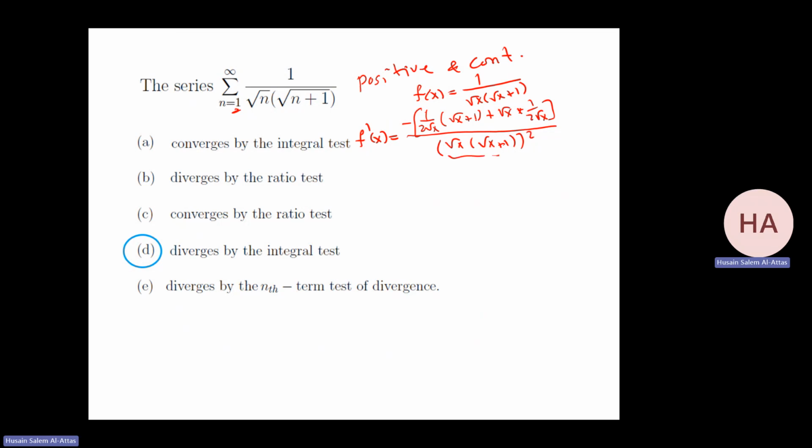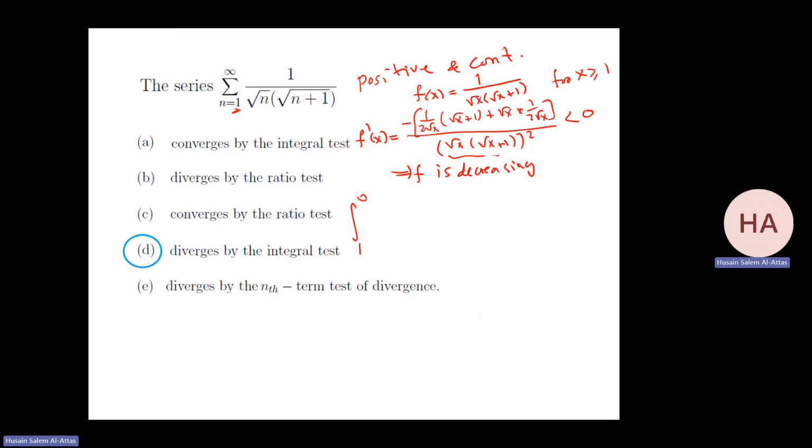This is positive. The thing inside the bracket is also positive. For x greater than or equal to 1, f prime is less than 0. So f is decreasing, and we can apply now the integral test.